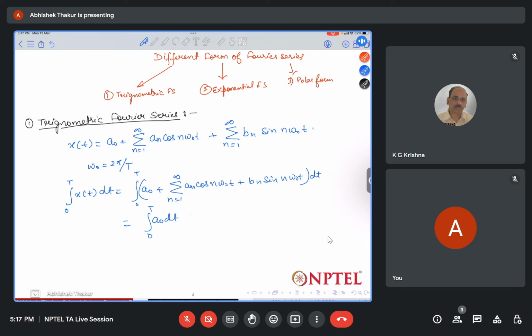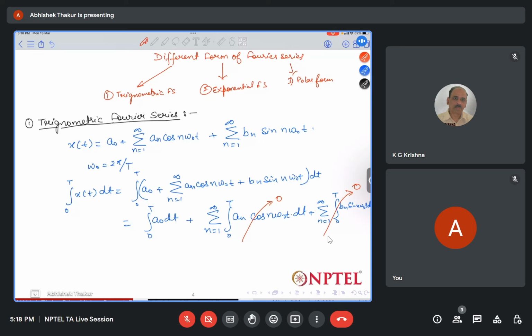So we will separate out a naught dt, and for this term, if we exchange the integration and summation, then over a time period, the integration of a cosine and sine signal, we know, is 0. So this will lead to 0, and this integration will also lead to 0.